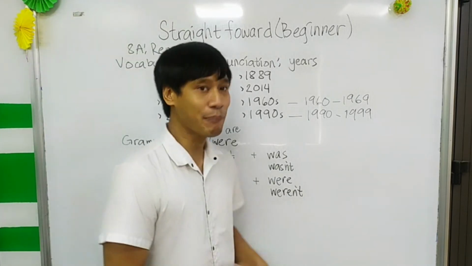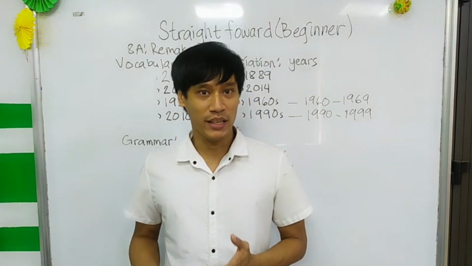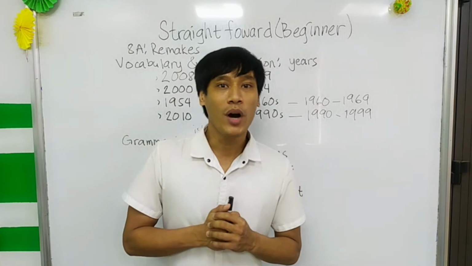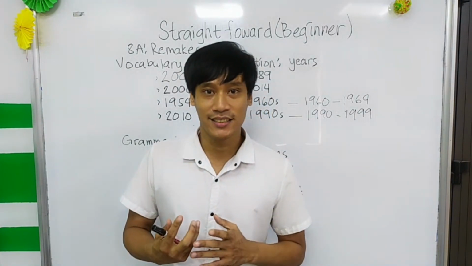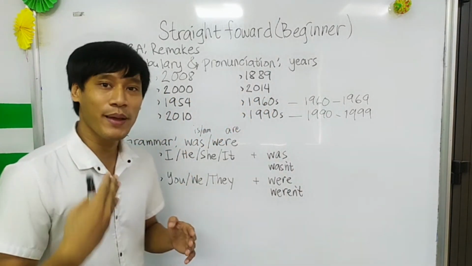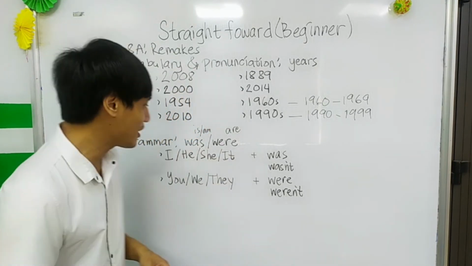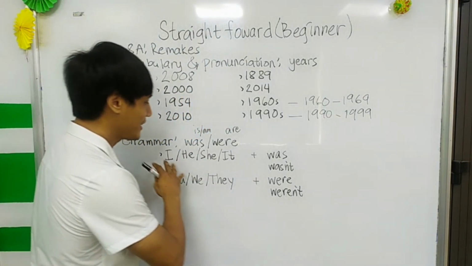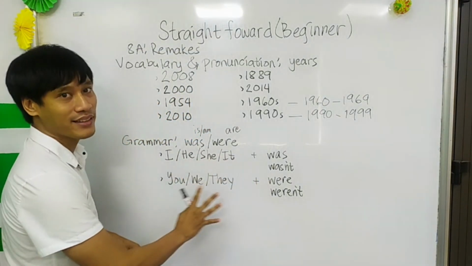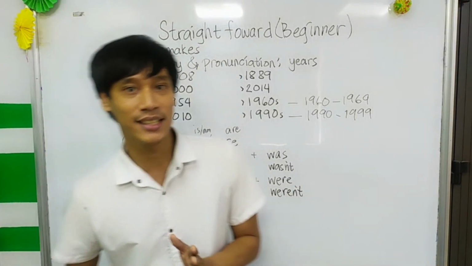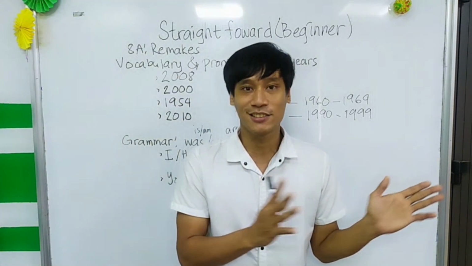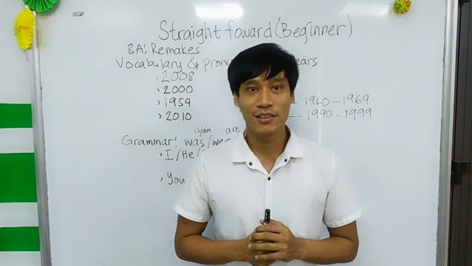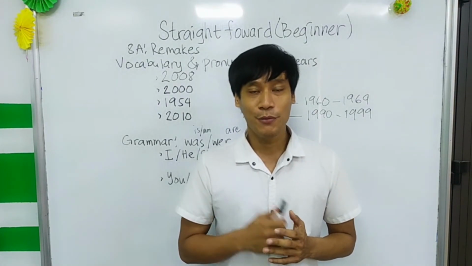They weren't happy with the movie because the movie was not good. Try to make your own sentences using these patterns. Just remember it is in the past. It's already finished. That's it for today.